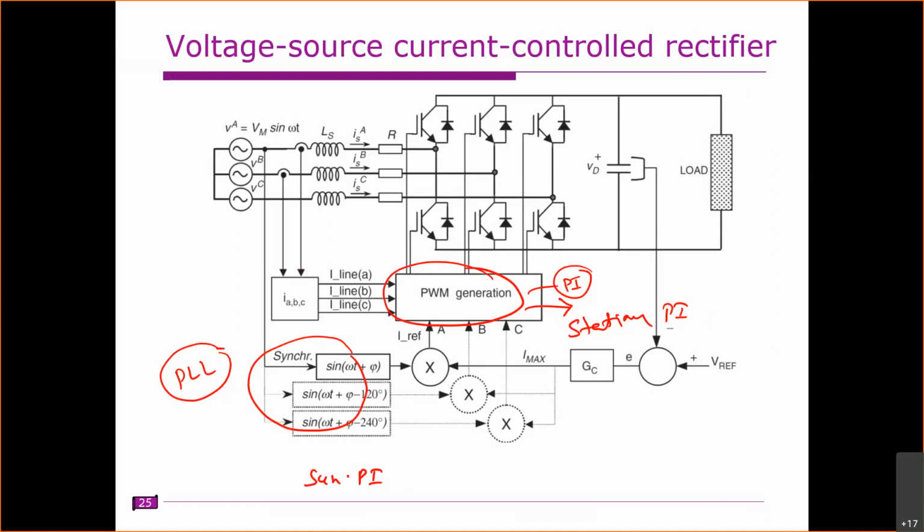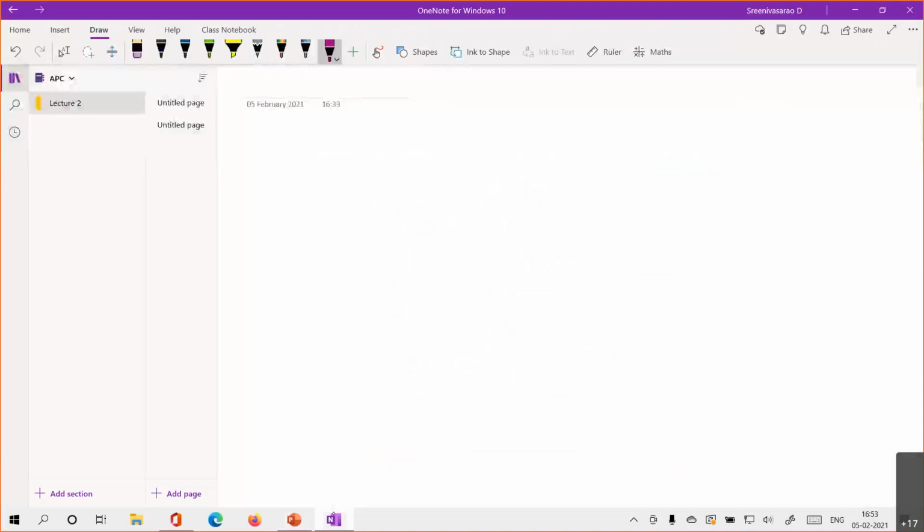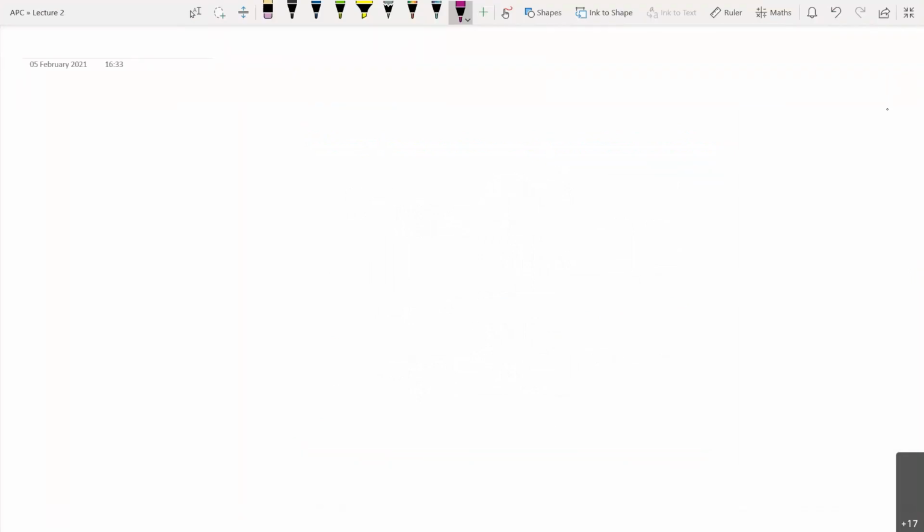You might have studied the synchronous reference frame theory, right? For that particular case, the circuit will be like this.